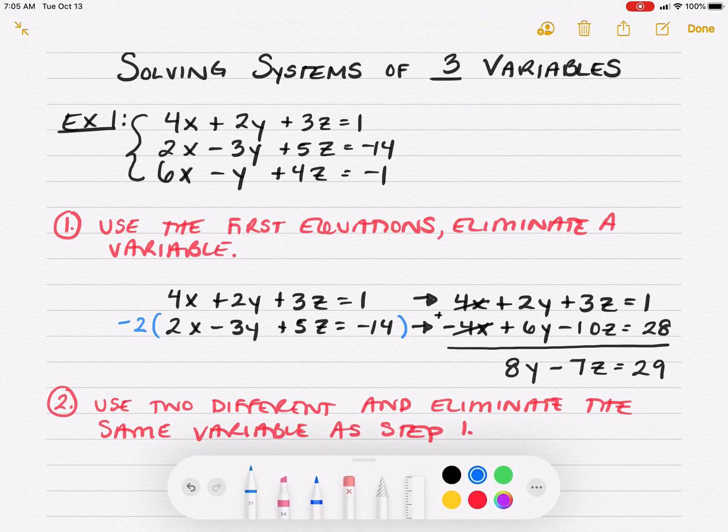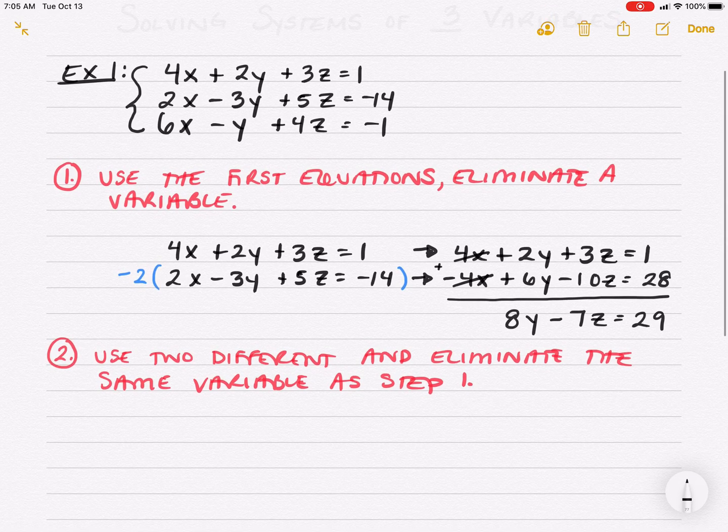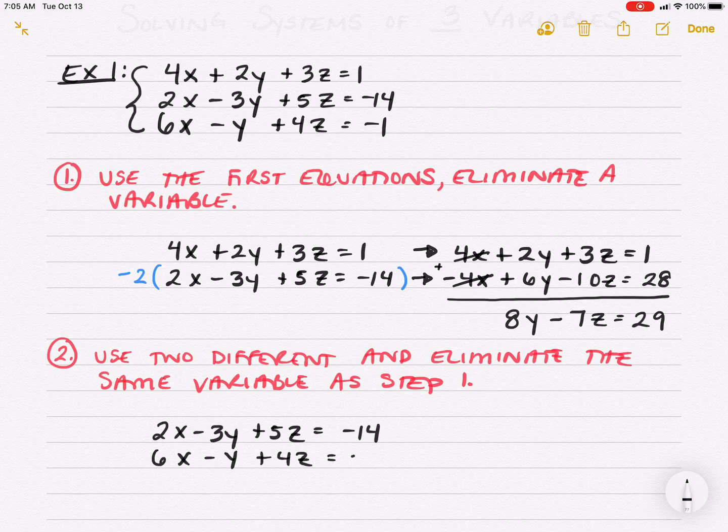I'm going to use the second and the third equation. So I'm going to copy down 2x minus 3y plus 5z is equal to negative 14, and 6x minus y plus 4z is equal to negative 1.